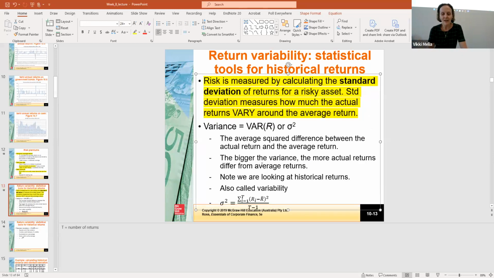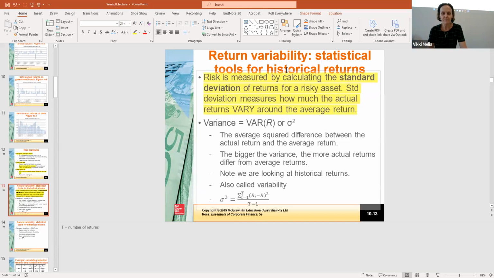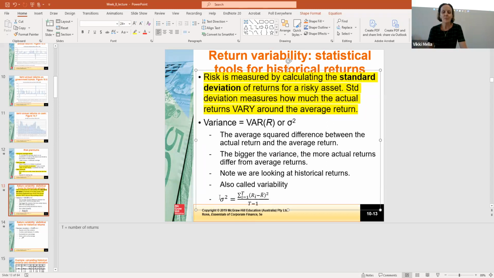There's a formula right down here at the bottom. This formula is to calculate variance. So the variance is the sum of the actual return, where R_i is the actual return, minus the average return, squared. So we would have a set of actual returns.